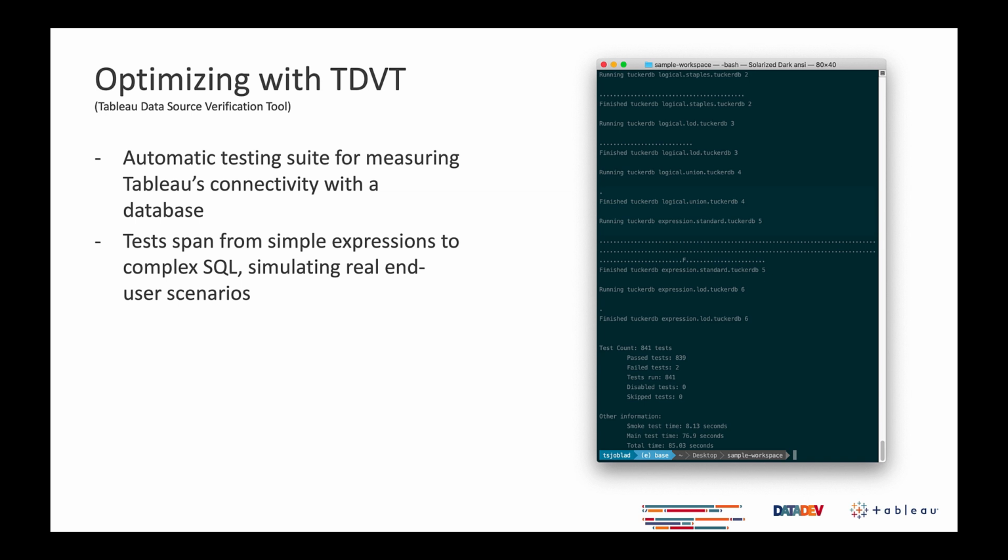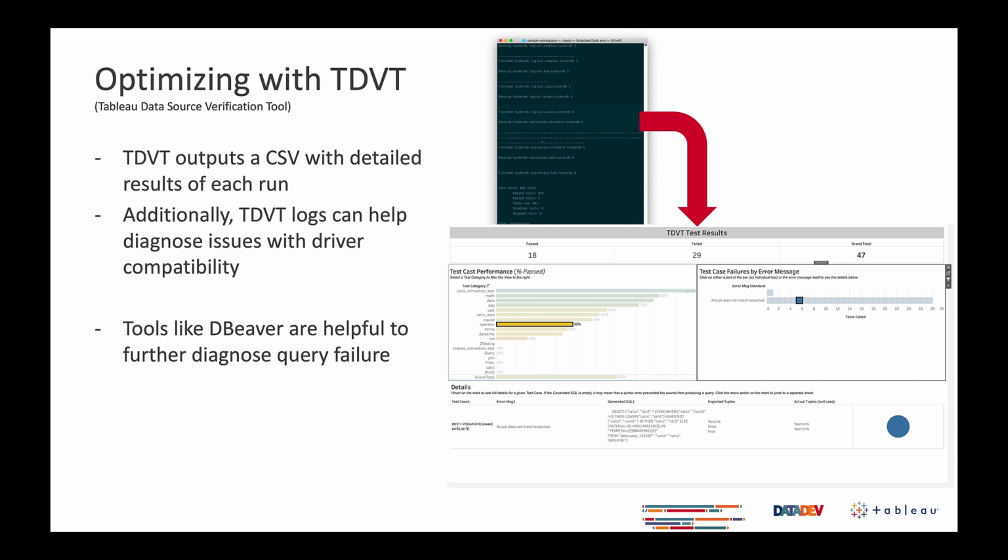It could be pretty complicated SQL, but the whole idea is that it simulates what end users might end up doing in our product, right? And basically, it runs about 850, 900 tests and lets you understand and diagnose where the SQL is not getting the expected results, or maybe a function isn't properly implemented. It lets you troubleshoot, learn more, and go back to your dialect and make improvements.